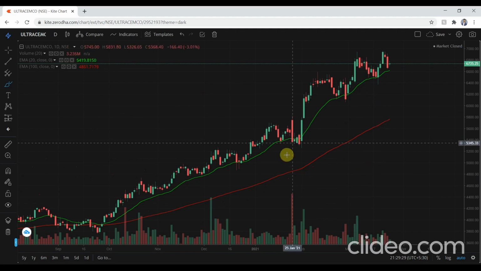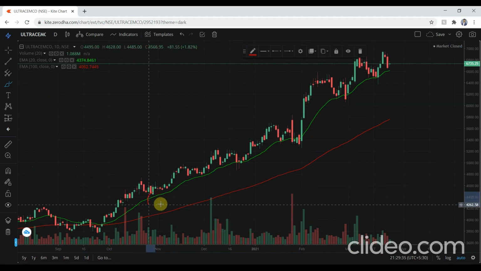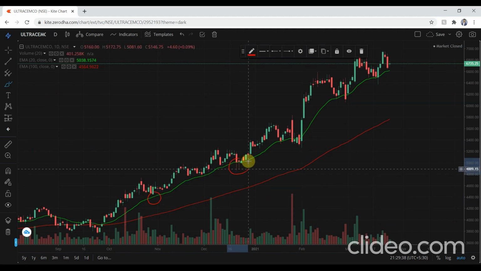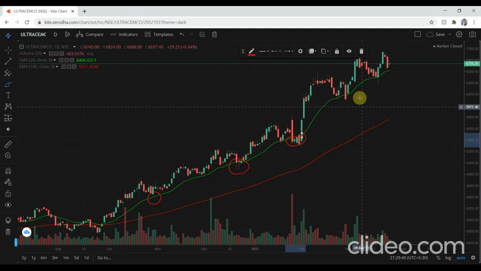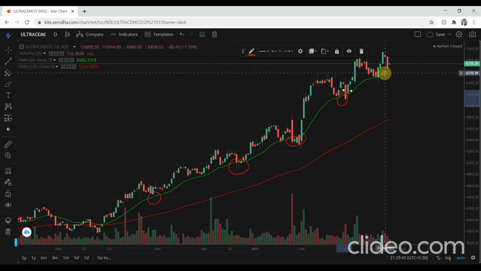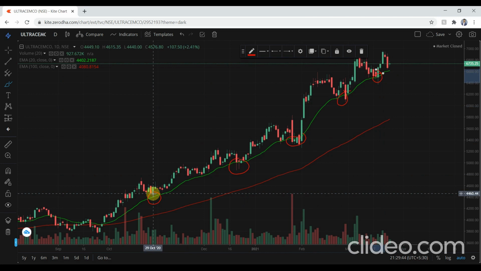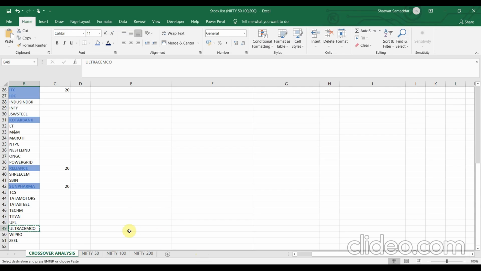See what I was talking about, the stock price tends to take support near the moving averages here, then here, then here, then here. In the last 5 or 6 months, it has taken support 5 times. Anyways, it's not the point of discussion today. I'll try to make a separate video for that.